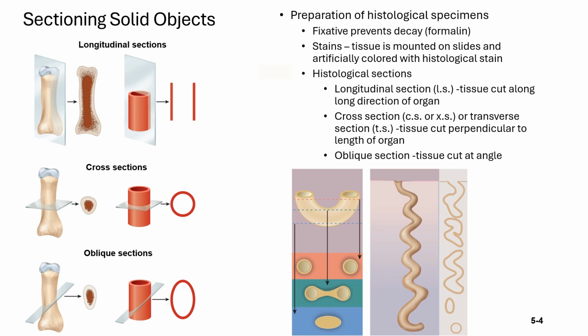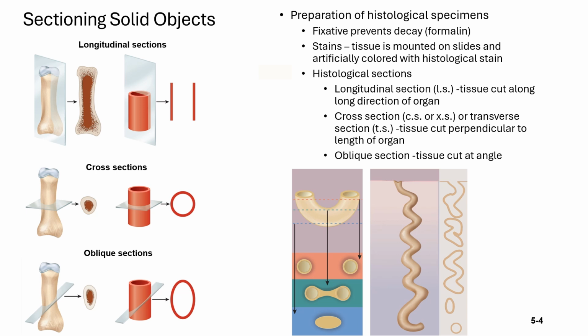The cross-section is also called a transverse section, and the tissue is cut perpendicular to the long axis, like cutting a banana into coin shapes. And an oblique section is when you cut the tissue at an angle between the longitudinal and cross section.